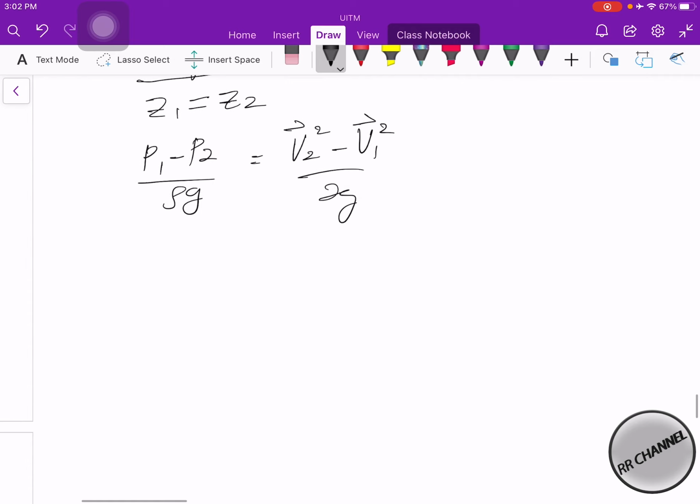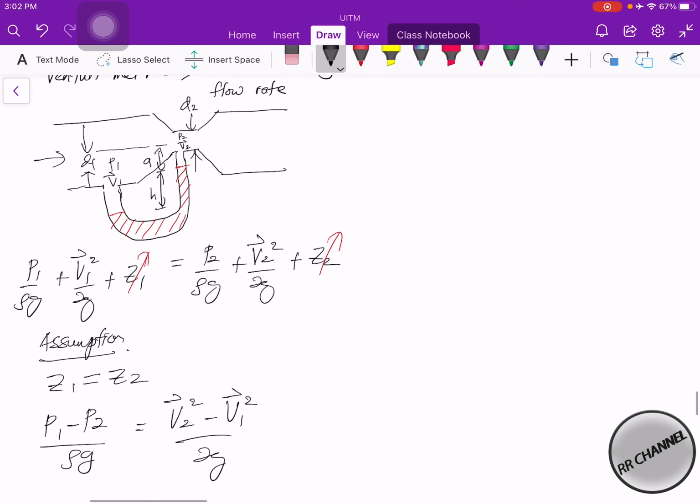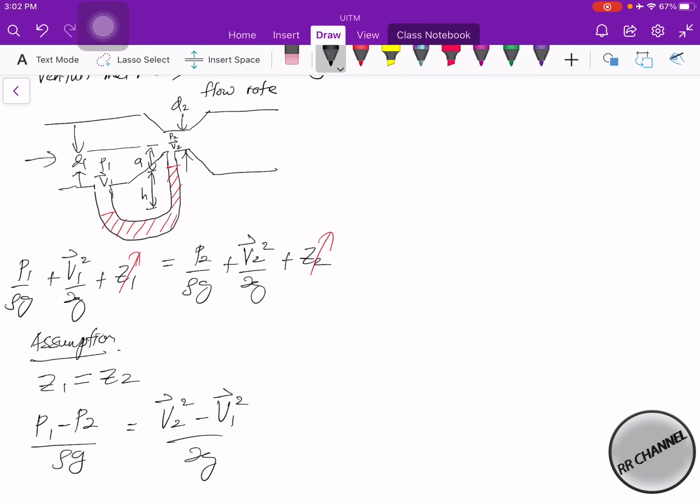By using the manometer relation between point 1 and point 2, let's say we start at P1 at location 1, and at the middle section we put 2.